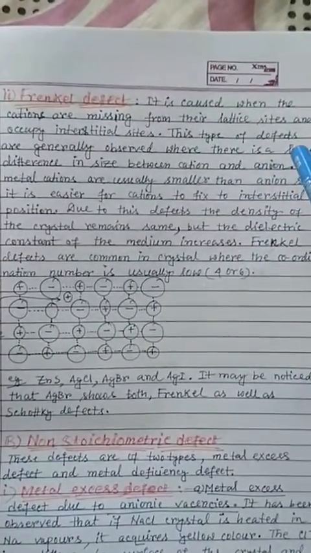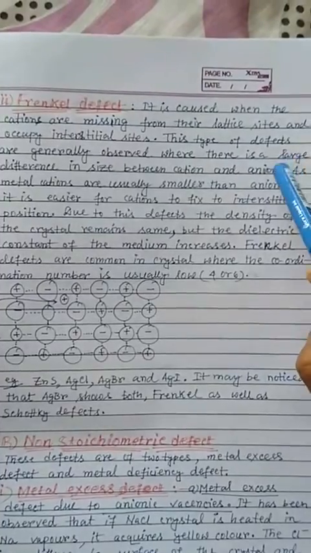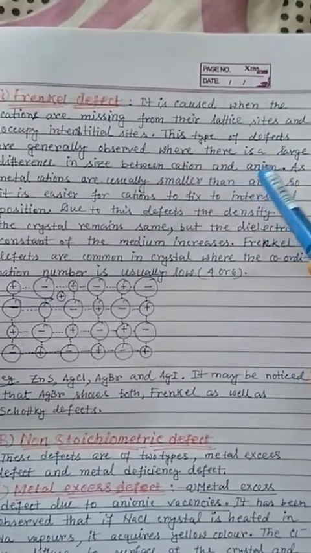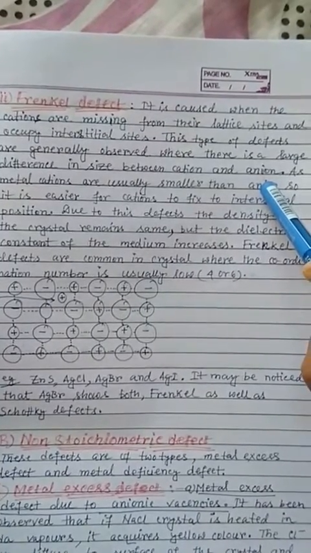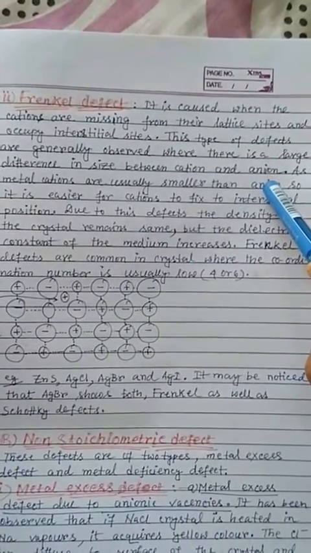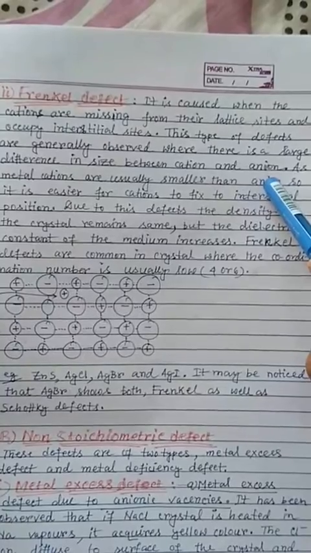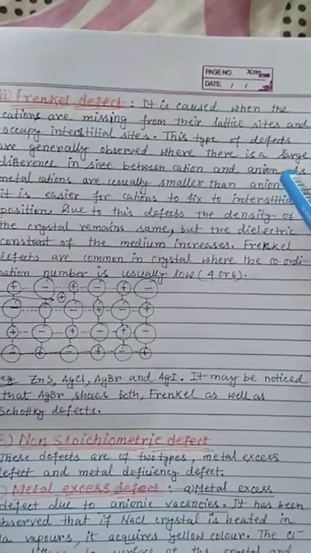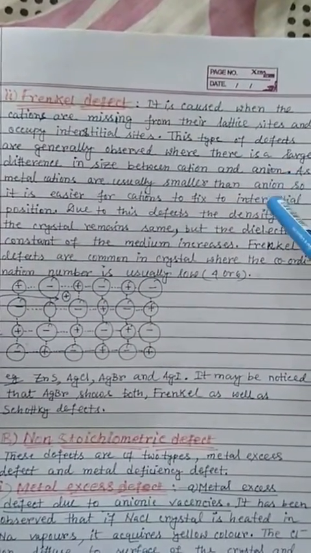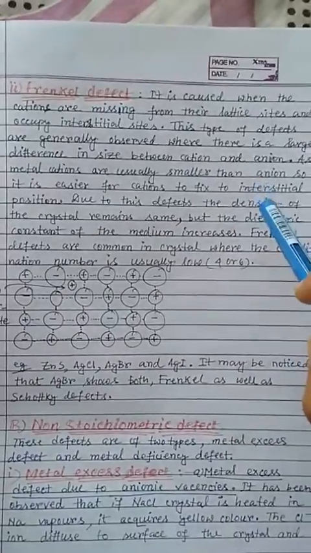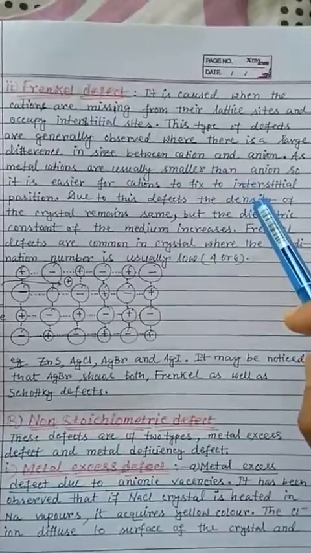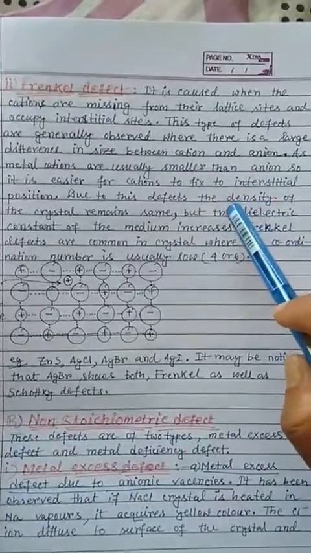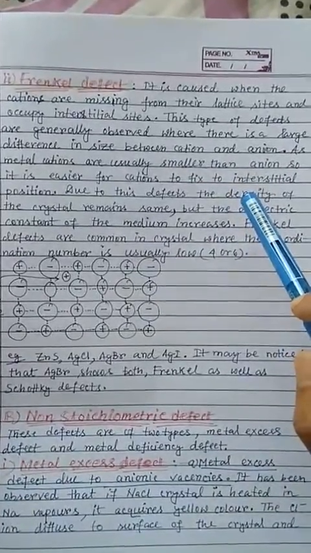This type of defect is generally observed where there is a large difference in size between the cations and anions, because if there is no difference, it is very difficult for a cation to occupy the interstitial position. As we know, metal cations are usually smaller in size than anions, so it is easier for a cation to fit into the interstitial position.